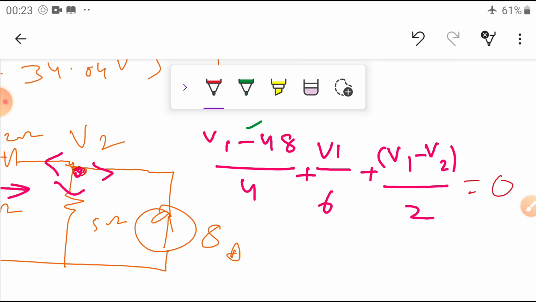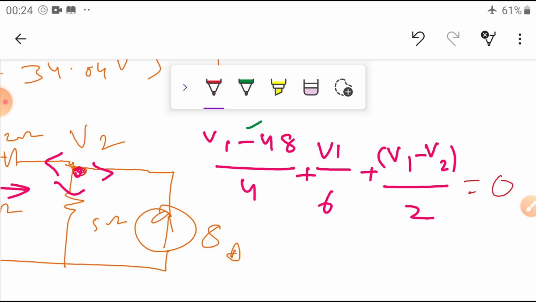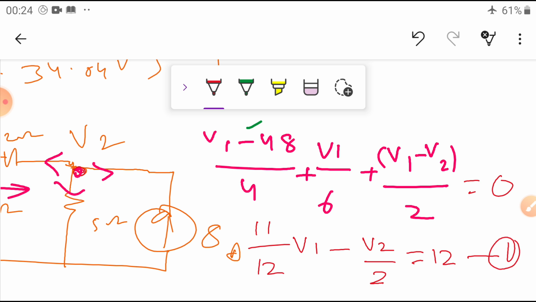By rearranging the terms in V1 and V2, we get the simplification: 11 by 12 V1 minus V2 by 2 is equal to 12. This is the first equation at node A.